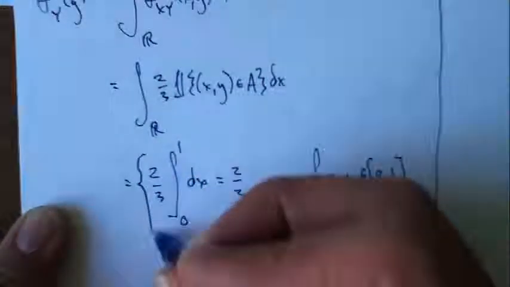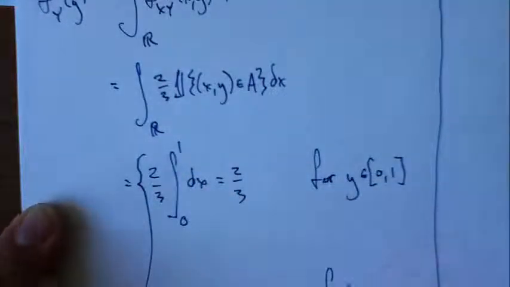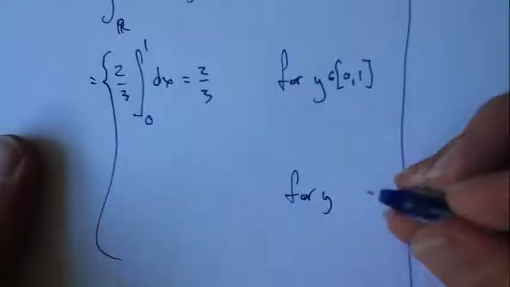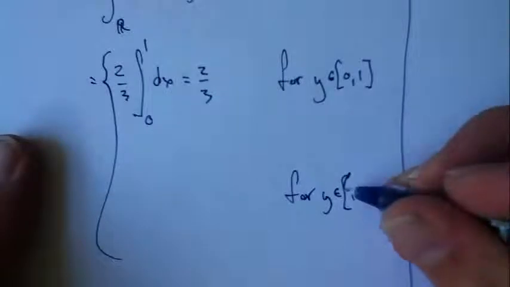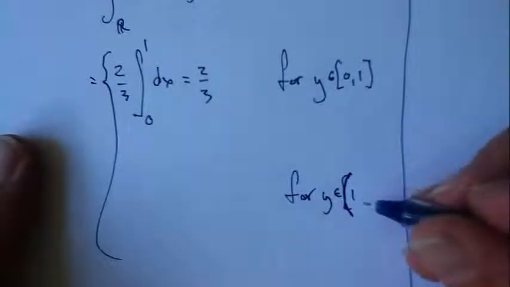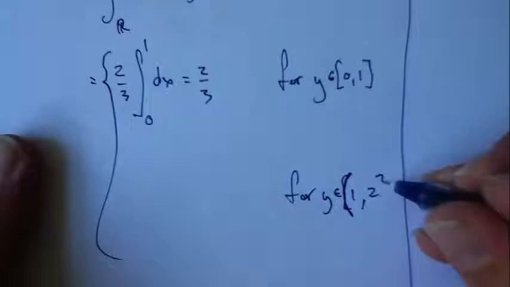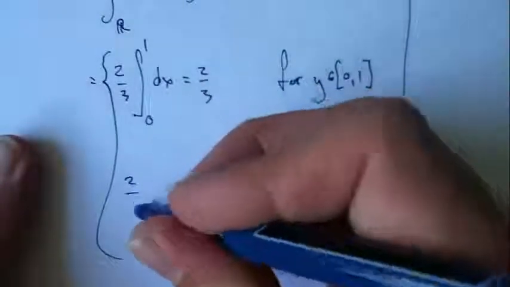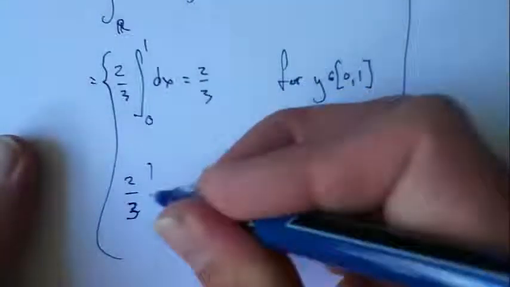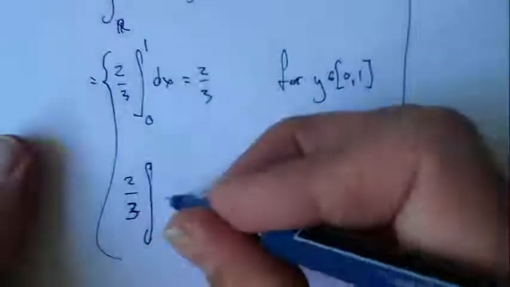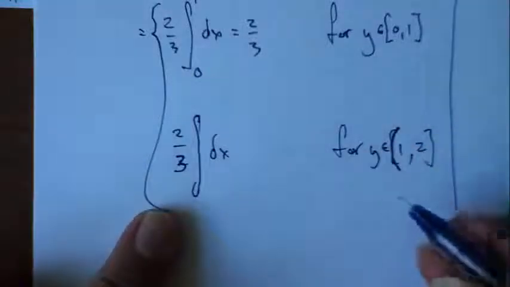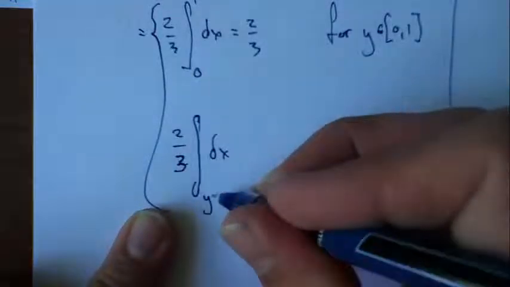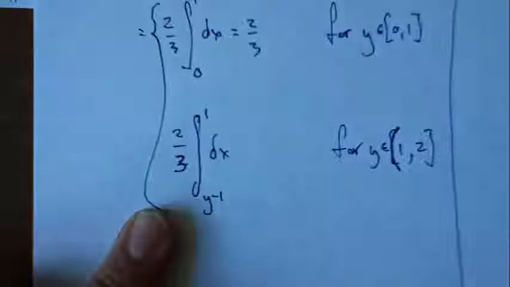On the other hand, if y is between 1 and 2, then what have we got? We have 2/3, again, dx, but this time, remember, our x value is going to go from y minus 1 up to 1. So what does that come out to be?